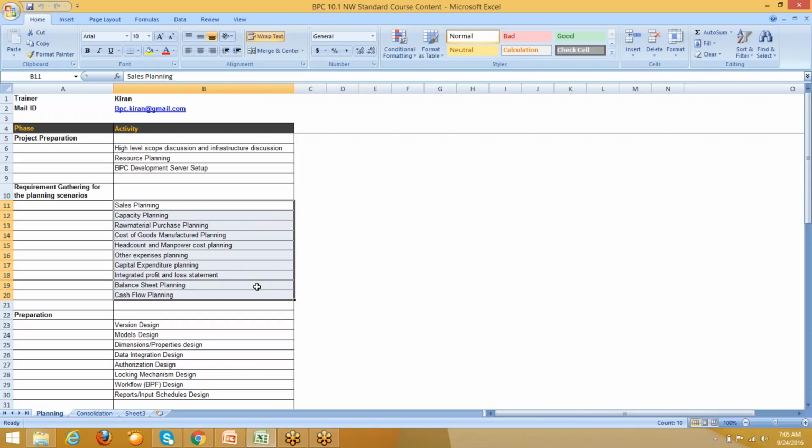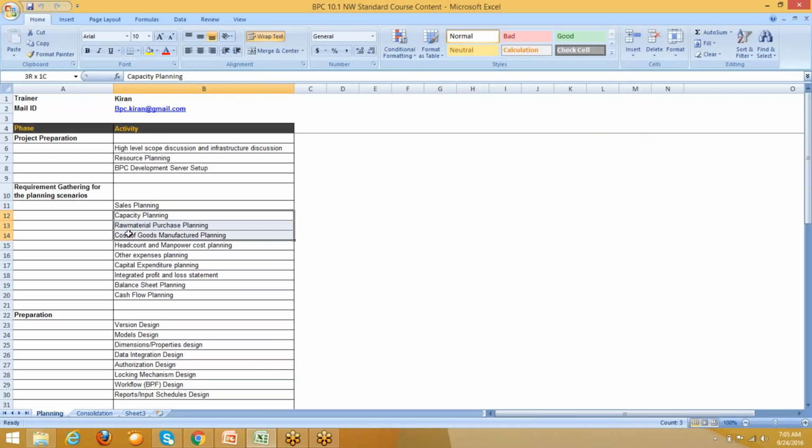If your customer is a manufacturing industry or pharma industry, they have the following scenarios. That means capacity planning, raw material purchase planning, cost of goods sold manufactured, or cost of goods manufactured planning.